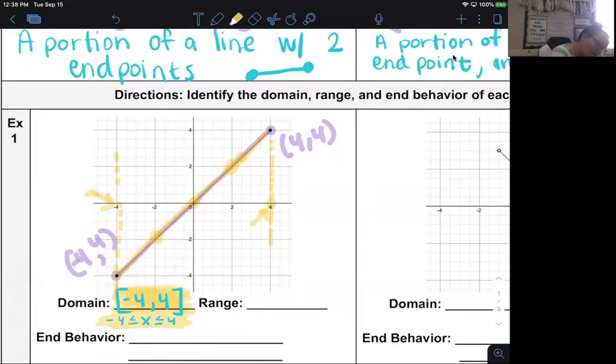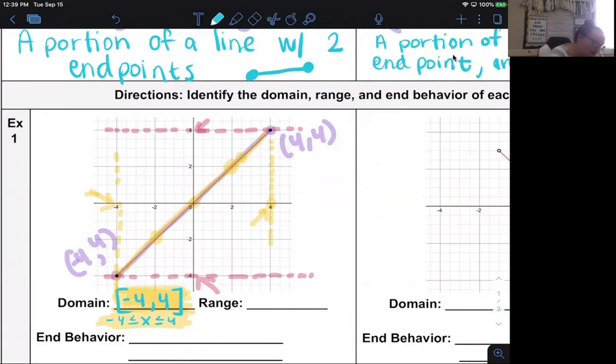All right, let's talk about our y values, our range. So for my range, it looks like the highest y value on this graph goes to 4, and the least y value goes to -4. So my range includes all the numbers between 4 and -4 for my y values.